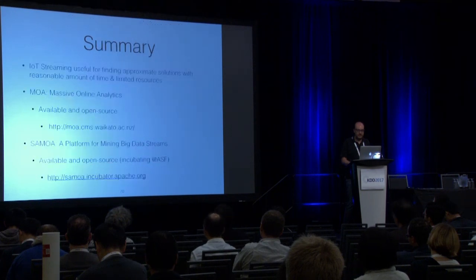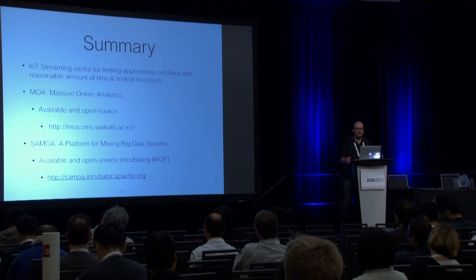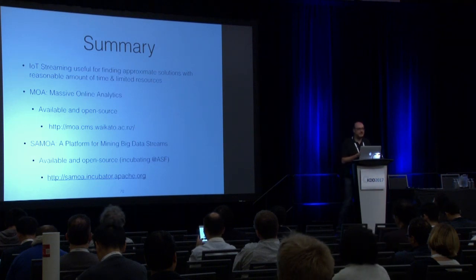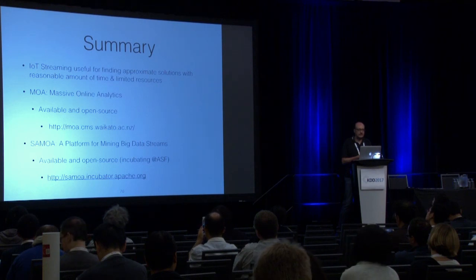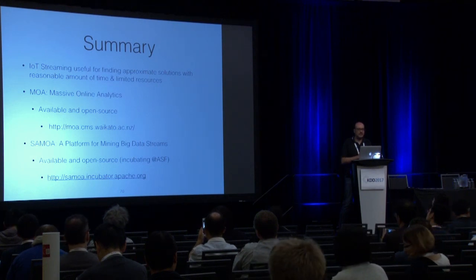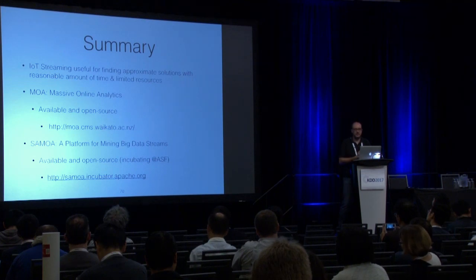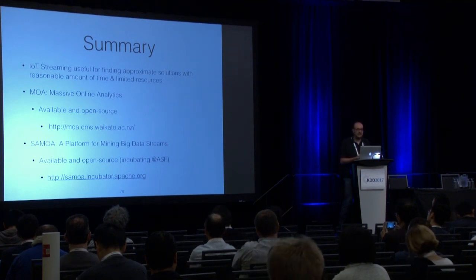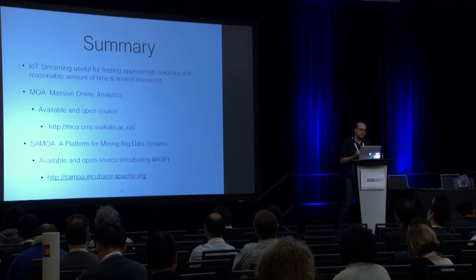Okay, so just to conclude, I tried to show you that the Internet of Things is going to be something very, very popular in the next 5 years. There's going to be lots of data, and there's going to be a need for doing efficient online analytics on it. And then I showed you these two open source software.